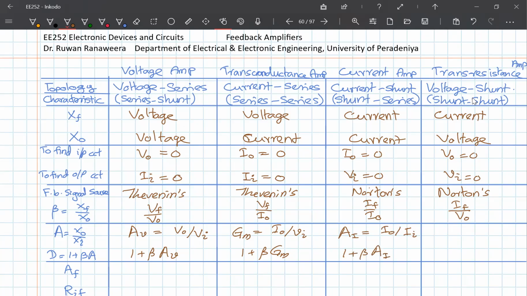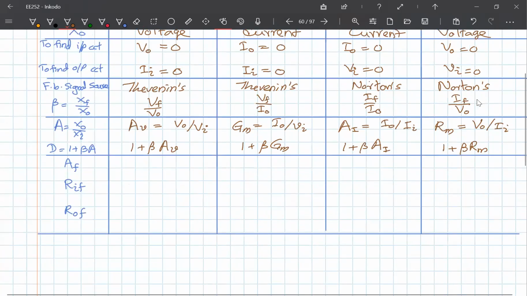For the transresistance amplifier, the gain will be a resistance, equal to output voltage divided by input current, and D, the loop gain, will be equal to 1 plus beta R_M. So these are the equations.